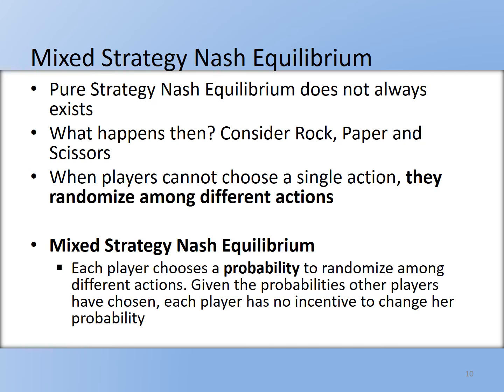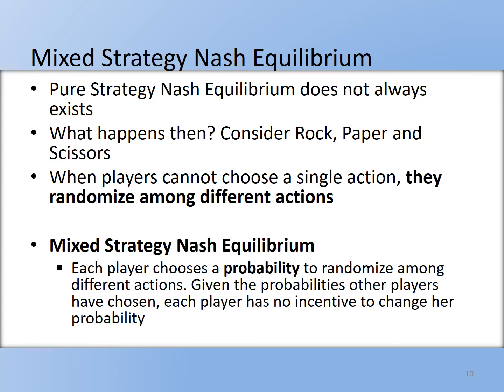So we change the stability concept. Instead of saying a single action being chosen, we say a probability is being chosen. So that's still stability, as long as the players can agree on choosing a probability. So I'm going to choose 1/2 heads, 1/2 tails.